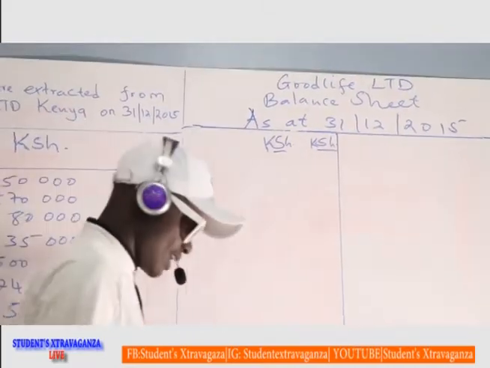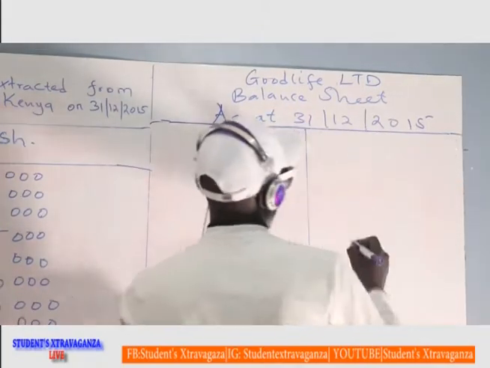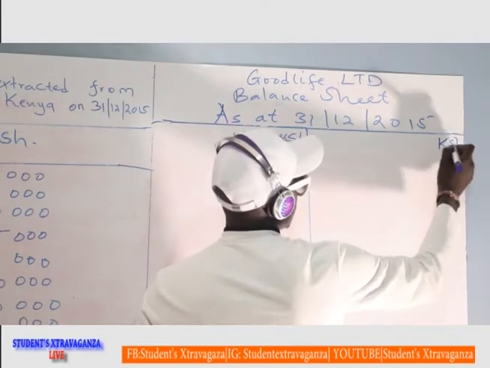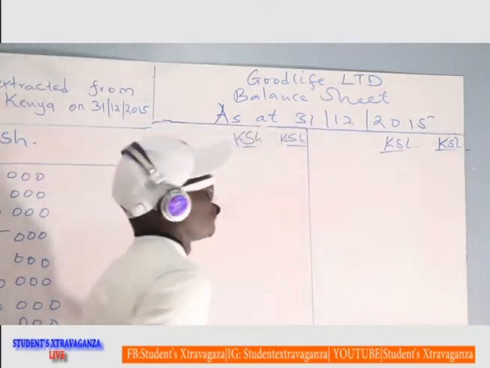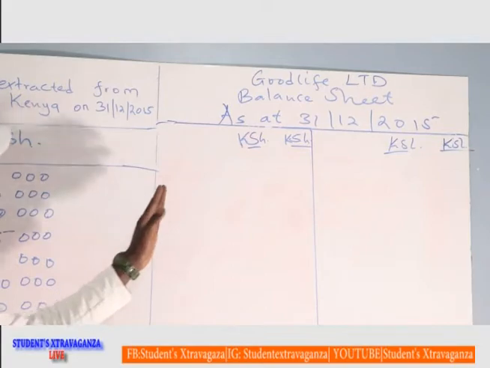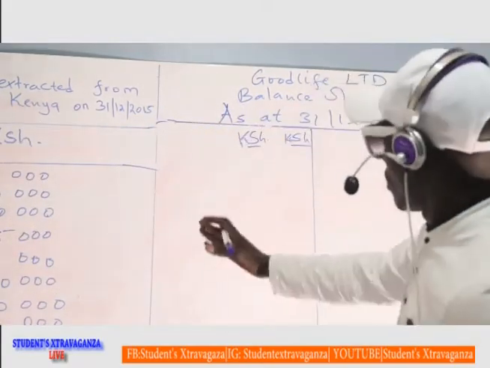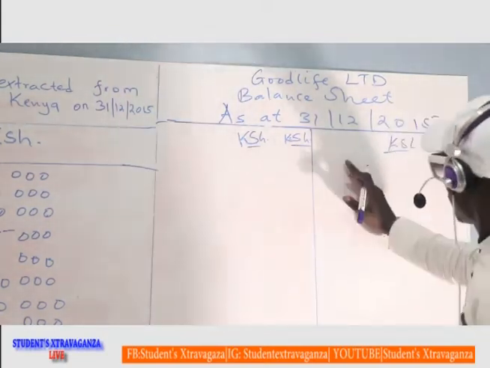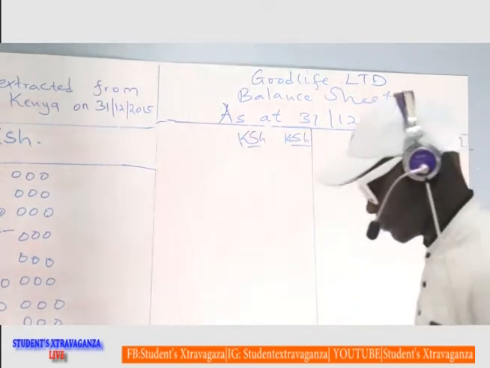Then on the other side, again, we are having too many columns. Then we are going to list all the assets on this side, then capital plus liability on this side.